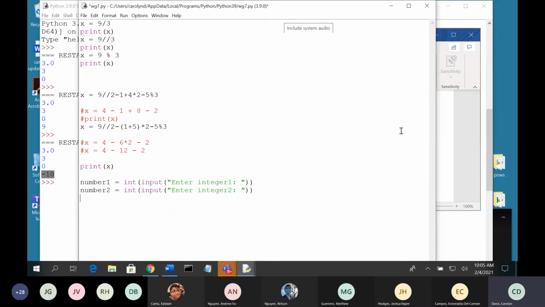This is just like the problems where we've been finding out if something's divisible by 2 or by 3. It's just like our homework, okay? If something is a multiple of something, it means it's divisible by that. So if number 1 mod number 2 equals 0. If I put number 2 into number 1 and there's no remainder, I know that it's a multiple.